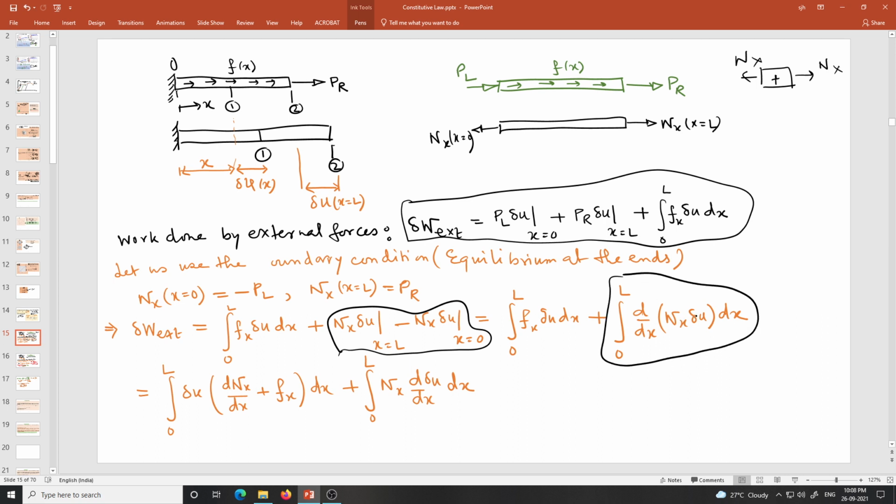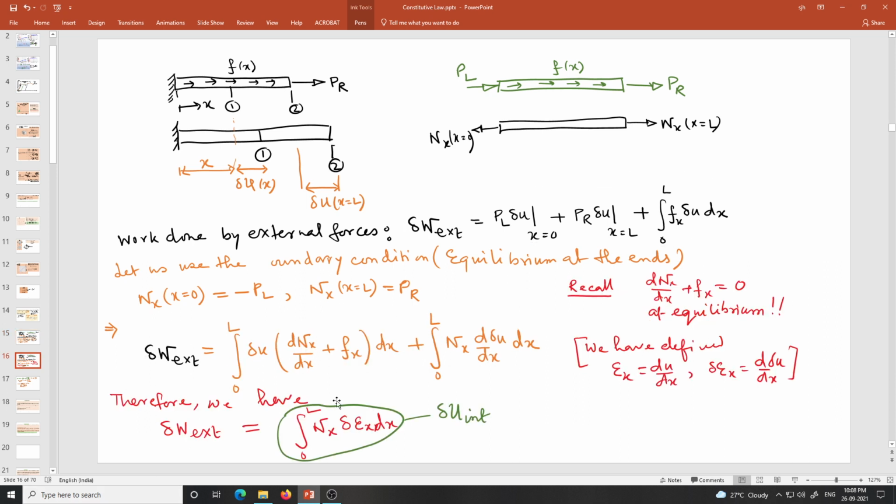Okay, the basic identity we have replaced, and then if we apply the chain rule of calculus, the derivative of two functions in multiplicative form, we can split them: delta u times dN/dx plus Nx times d/dx of delta u. The first part is nothing but the equilibrium equation.